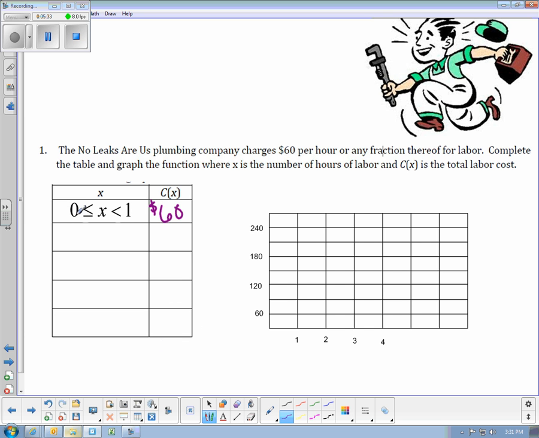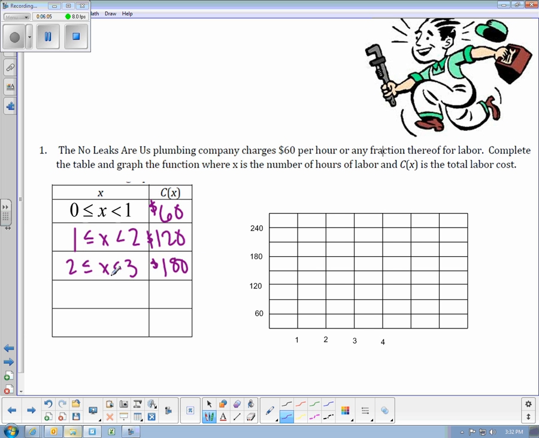So any time between 0, no time at all, and all the way up to 1 is going to be $60. As soon as I jump into the 1 hour time frame and I go up to the 2, now I'm looking at $120. Okay. And then from there on out, we can keep going. If I go up from 2 to 3, it should be $180.